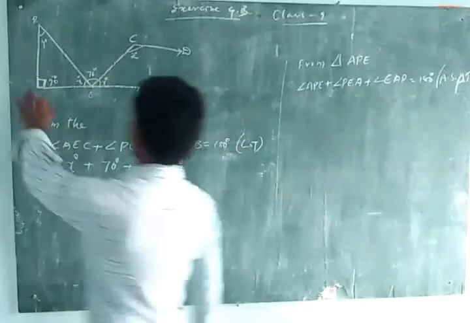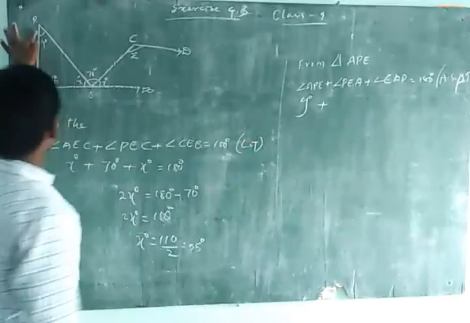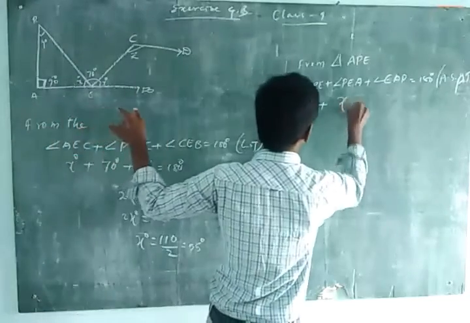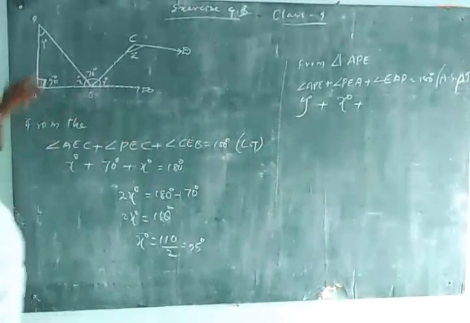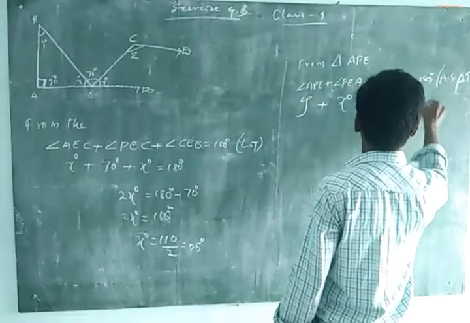Now, angle APE y degrees plus PEA x degrees plus angle EAP 90 degrees already given in the question, that is equal to 180 degrees.